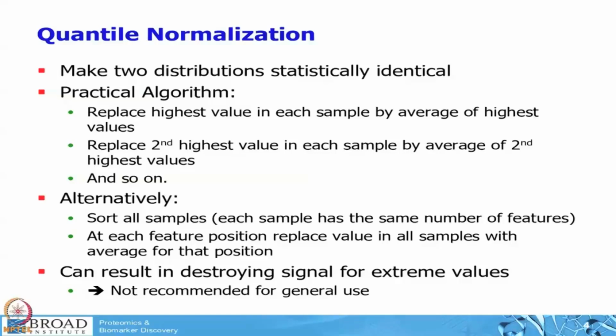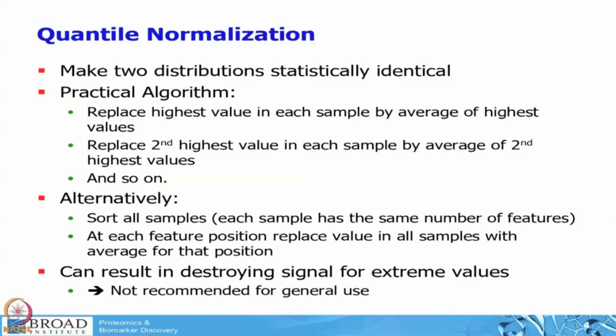So then you can say, okay, I'm going to make my 7,000 closer to 20,000 or vice versa. But in real world projects, when you use quantile normalization, you have to be really careful that you know exactly what you're doing and you're sure that it is not destroying signal that you might have in your study.